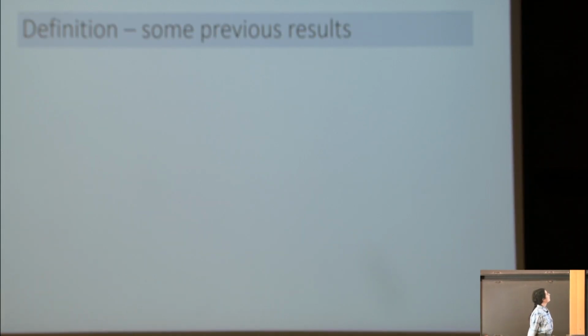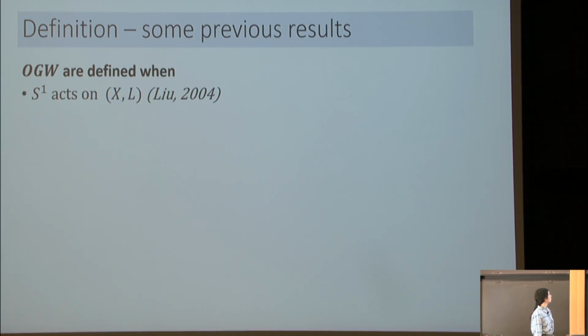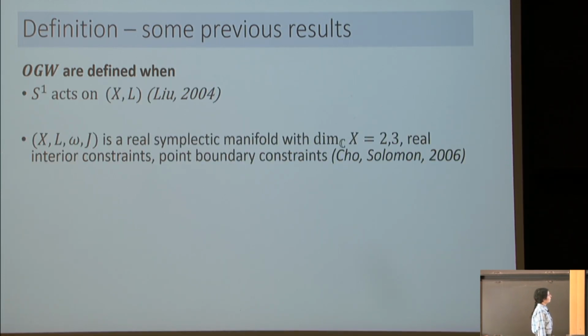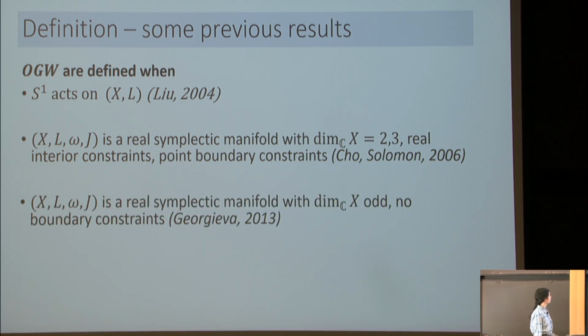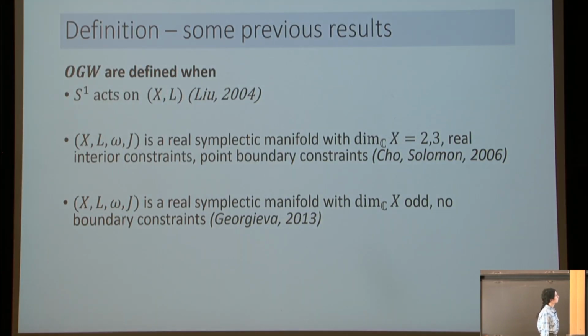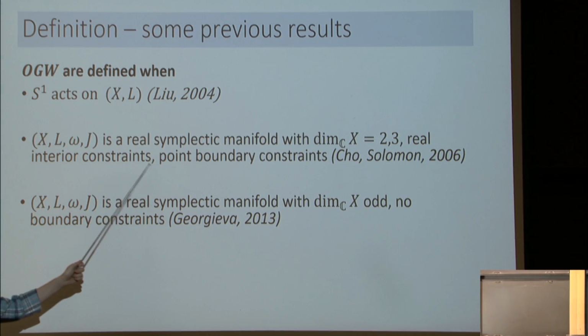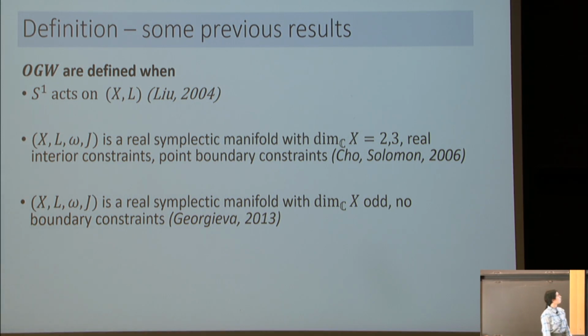So people have been thinking about this and have defined open Gromov-Witten invariants in several cases. For example, if there is a certain symmetry, so an S1 action or a real action, you will notice that the type of constraints you can put on the boundary is either no constraints or point constraints, even when invariants are defined with the addition of this real structure.